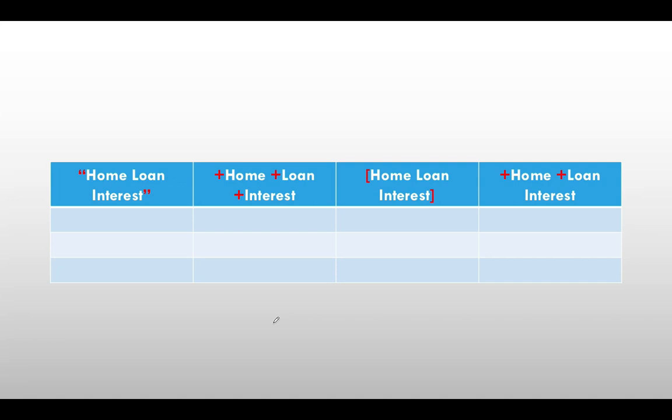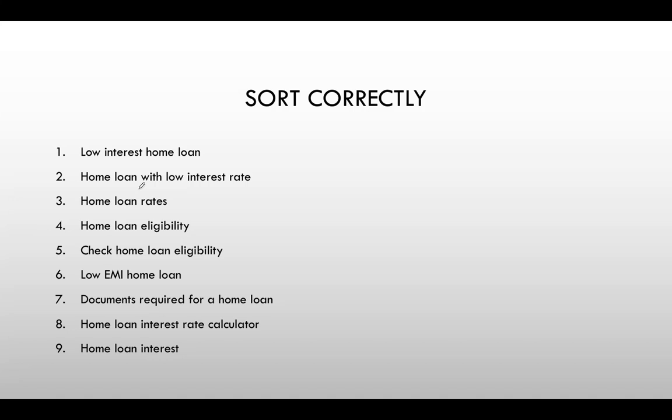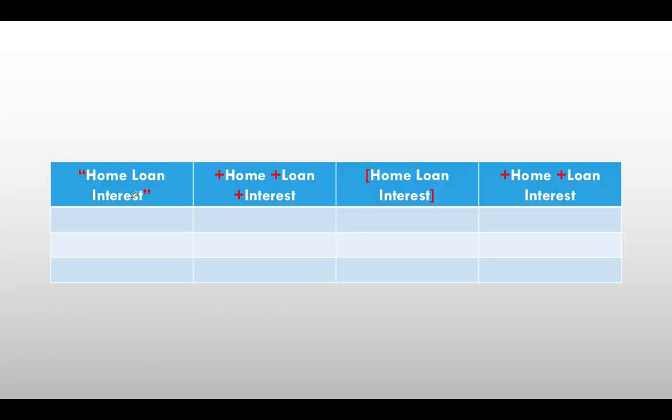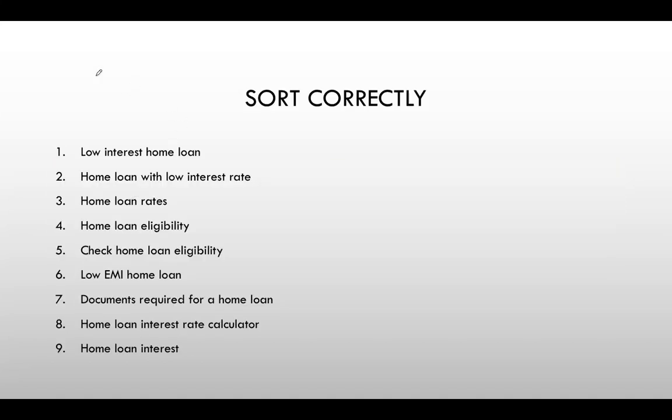Okay, so let us look at the answers. If my keyword is home loan interest in phrase match, my ad will get triggered for these search queries. Low interest home loan, no. We are looking for home loan interest, so we want these three words in the same sequence.